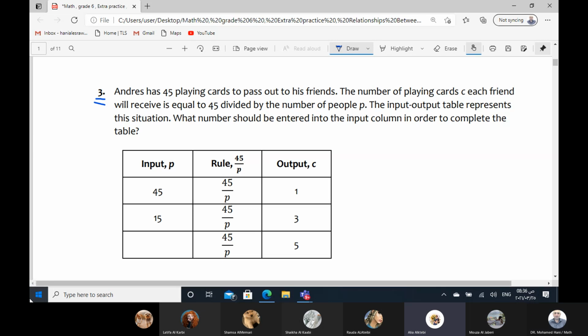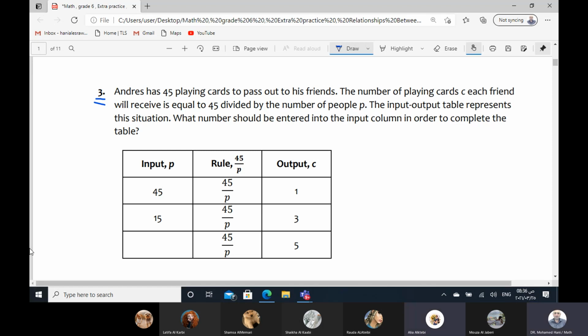The number of playing cards C each friend will receive is equal to 45 divided by the number of people P. The input and output tables represent this situation. What number should be entered into the input column in order to complete the table?